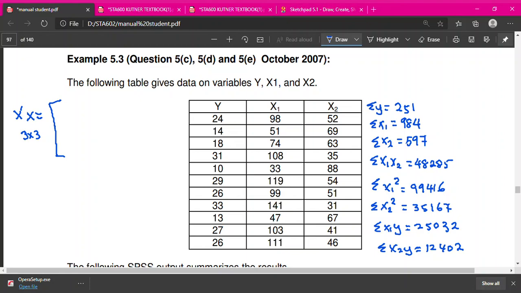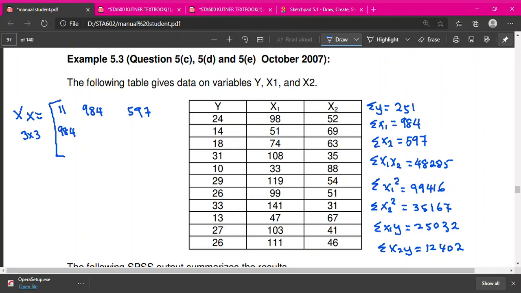matrix of X transpose X, or the n, is it 11? Okay, 11. Summation of x1, 984 here. Summation of x2, 597 here. Here, 984.